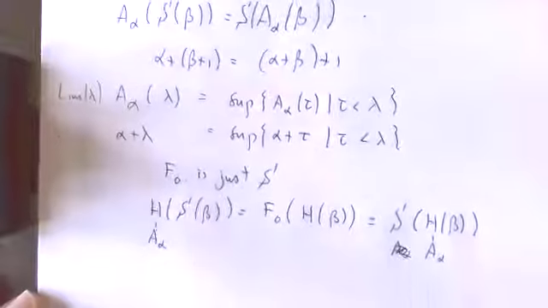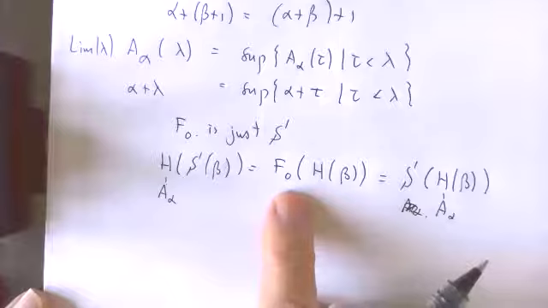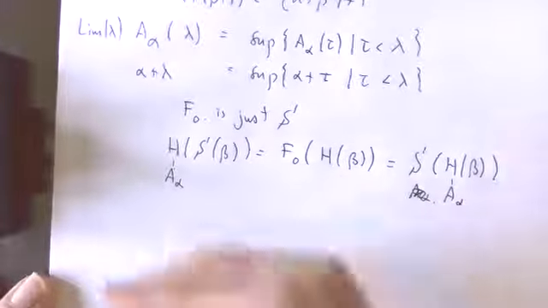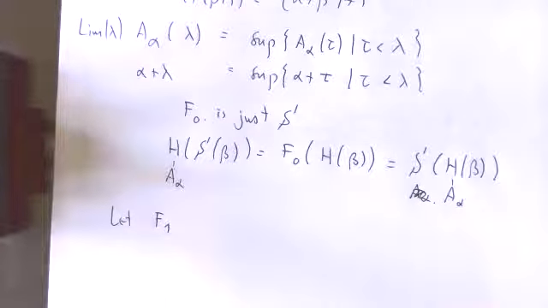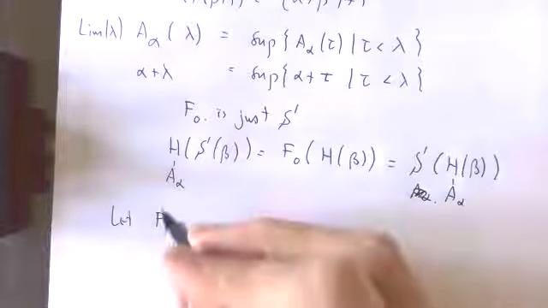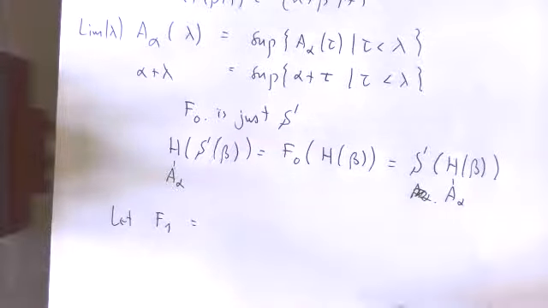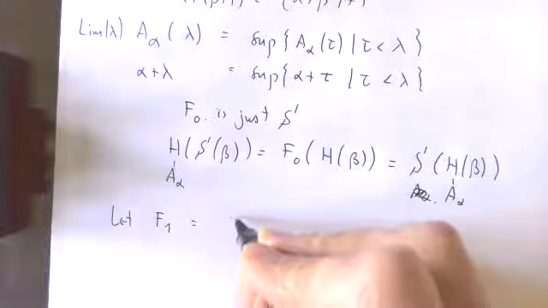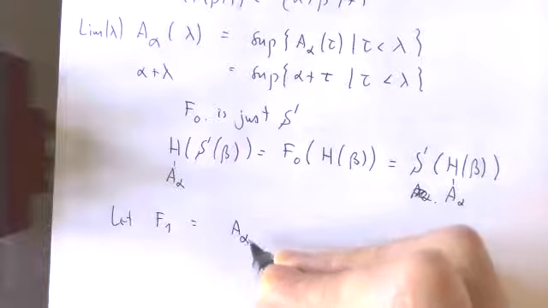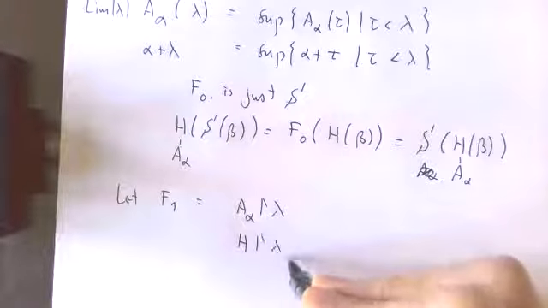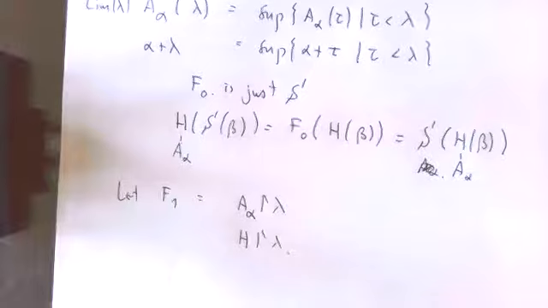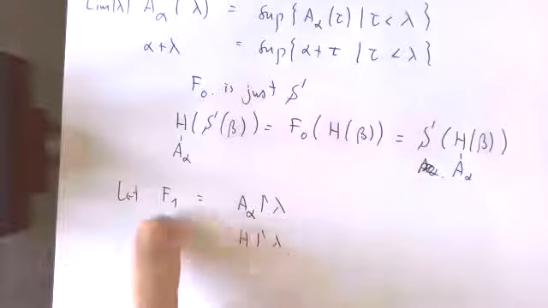Now for limit cases, we want the f1 function to be something that acts on all the previous values. So I could just say let f1 be, I look at the function I've already got, A alpha restricted to lambda, so this is my h restricted to lambda. And what do I want f1 to be?